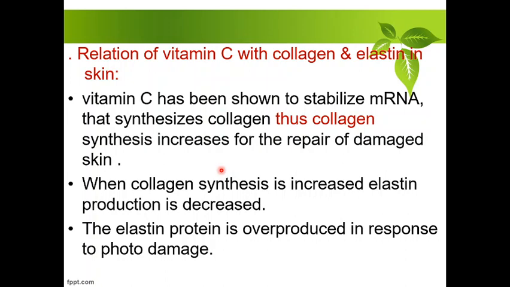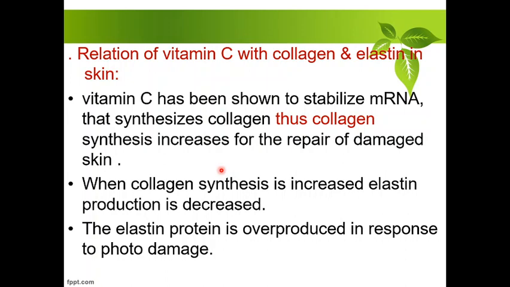And when the collagen quantity increases, it gives tightness and strength to the skin. And elastin is overproduced in response to photo damage, light, sunlight. It produces elastin, and elastin puts wrinkles on your skin, loosens your skin.